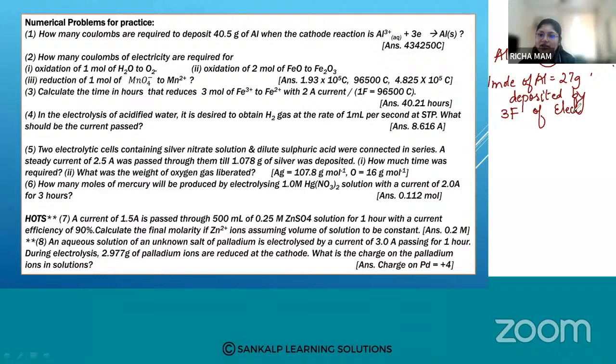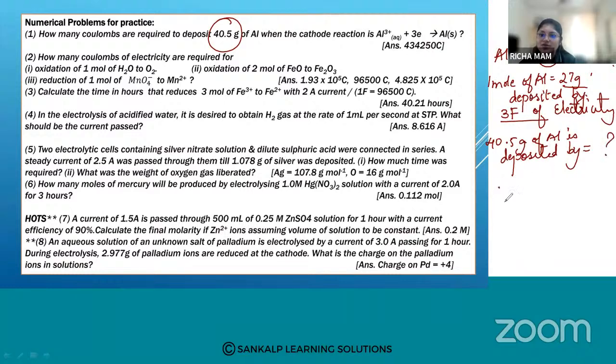So when you pass this much electricity, 27 grams of Al is deposited. But now for 40.5 grams of Al, it will again be cross multiplication.